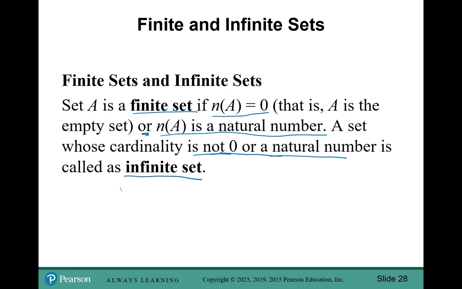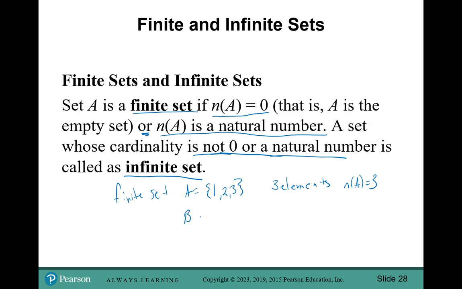A finite set would be like the set 1, 2, 3 that has 3 elements. You can count those 3 elements. Or if you gave this a name, you would say the cardinality of A equals 3.